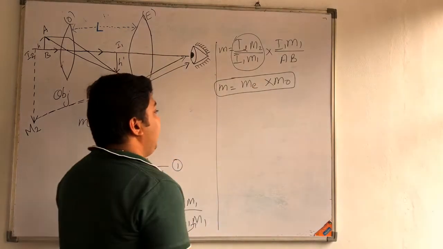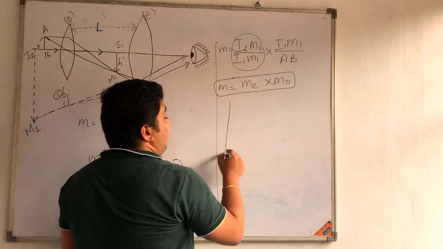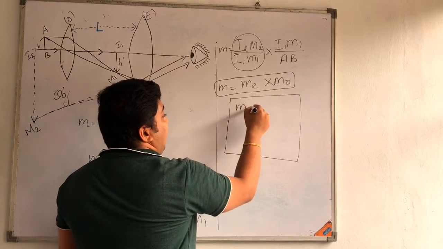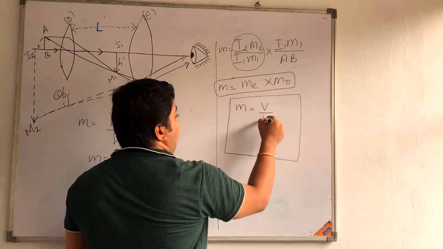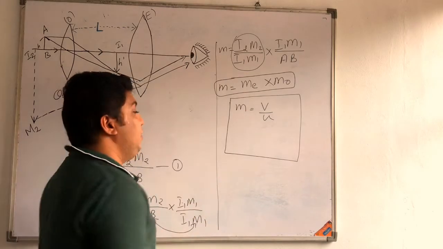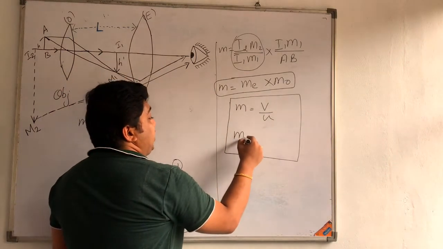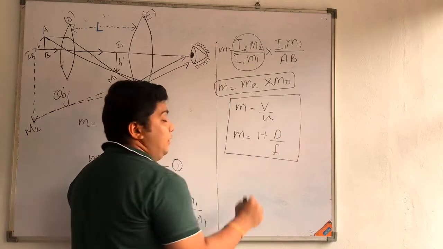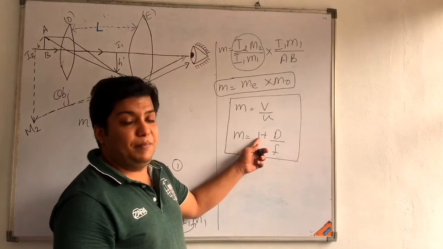From here we know two equations for magnification. The first one is M equal to V by U. In the last session we discussed this equation. Another equation is M equal to 1 plus D by F. This is the equation for a simple microscope.